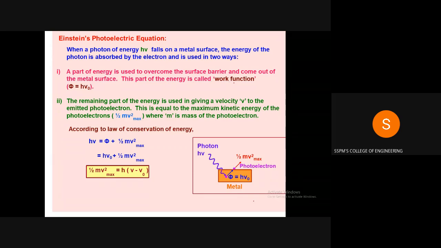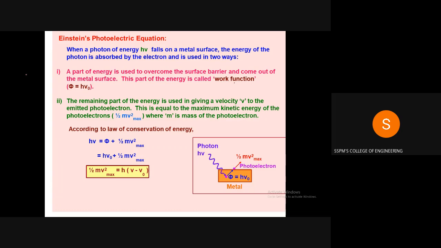Some amount of energy is utilized for the work function, and the remaining amount of energy is used in giving a velocity v to the emitted photoelectron. This is equal to the maximum kinetic energy of the photoelectrons, where m is the mass of the photoelectron.